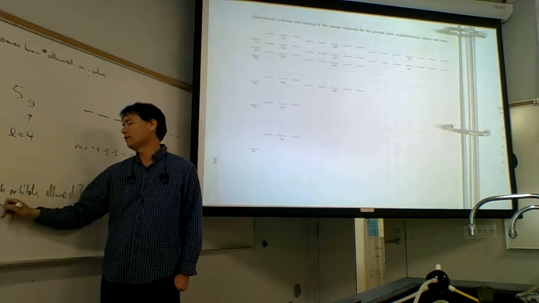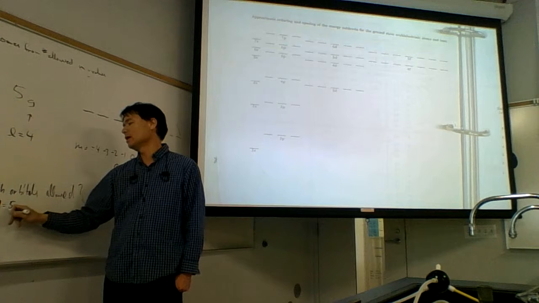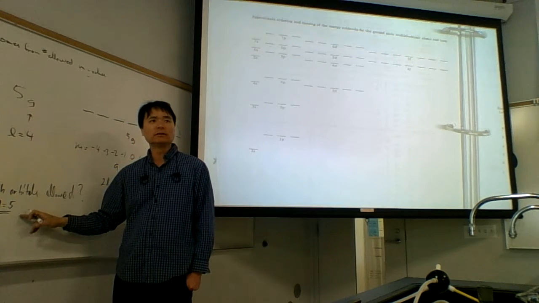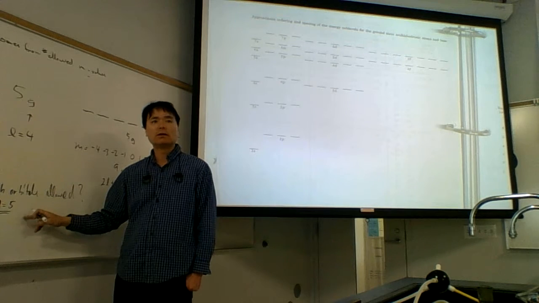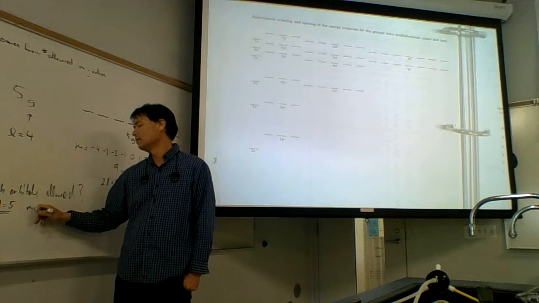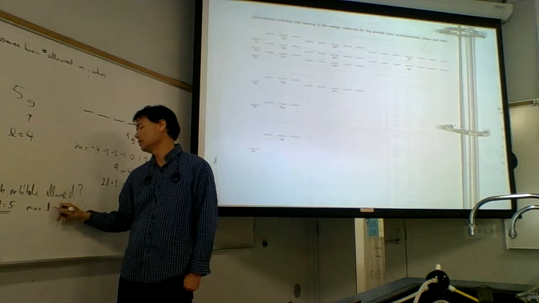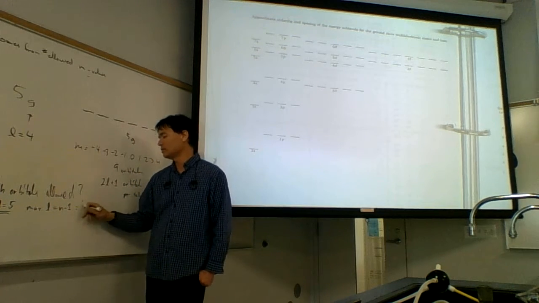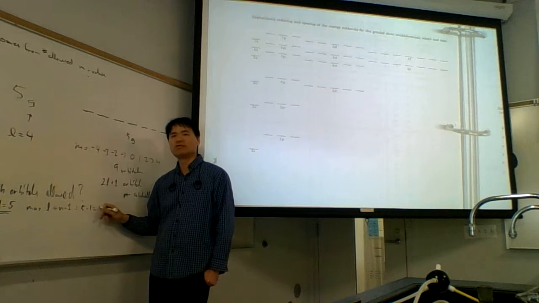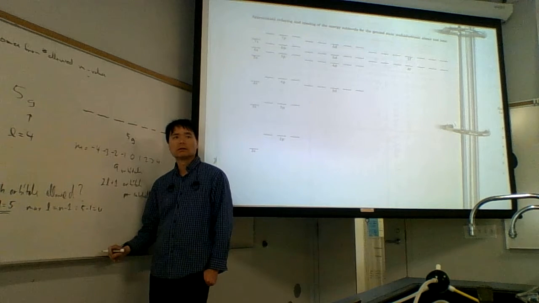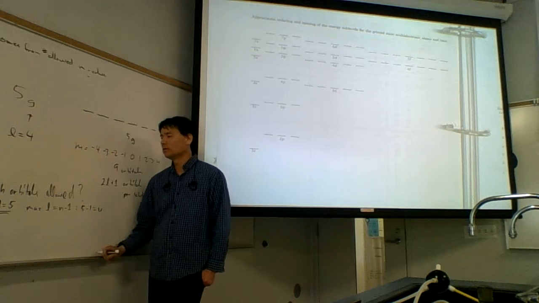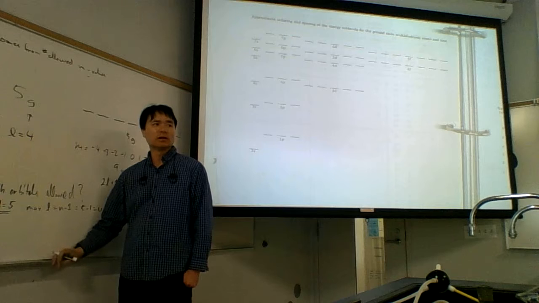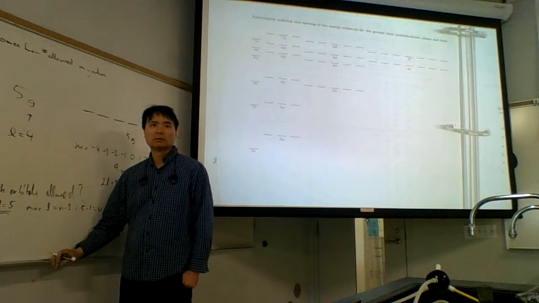And the reason that 5H orbitals are forbidden is because L equals 5. If N equals 5, can L also equal 5? No, because it exceeds the max. The max L value is equal to N minus 1. And so the max L value is 5 minus 1 is 4. And so the 5H orbitals are forbidden. But the 5G orbitals are allowed.